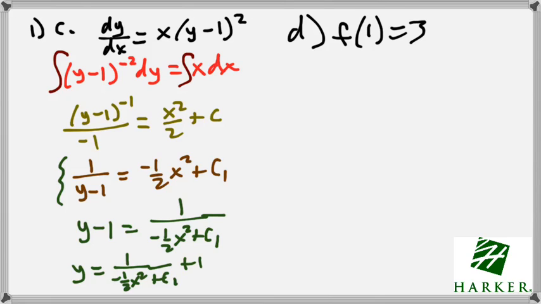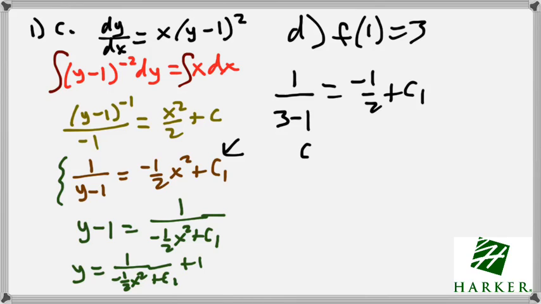Now I'm going to go back to this right here and find that, since that c1 didn't change. So 1 over 3 minus 1, I put 3 in for y, when x is 1, 1 squared is 1, I don't have to worry about that, negative 1/2 plus c1, so c1 is equal to 1/2 plus 1/2, which, as far as I know, is equal to 1 still.